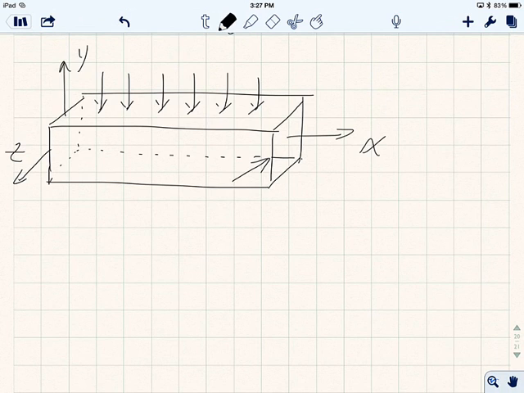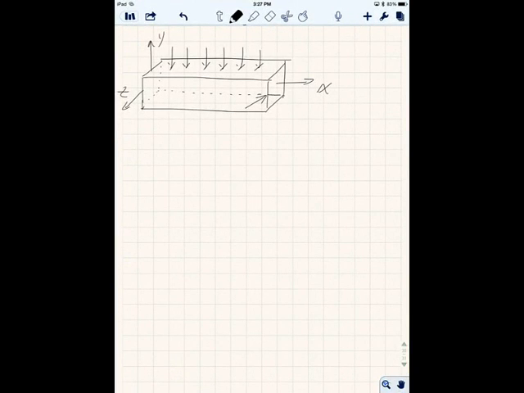Okay, so by looking at it here, actually, let me just turn it. By looking at here, if we only look at the XY plane, which has the distributed load over here, you are going to see a load like this.